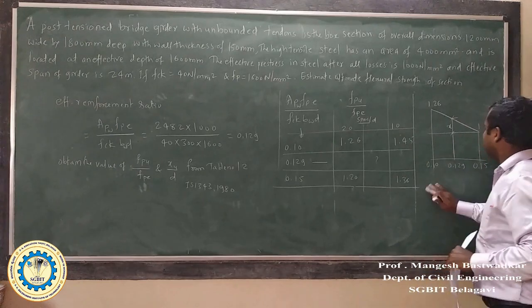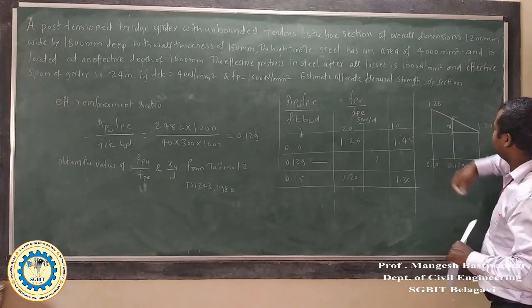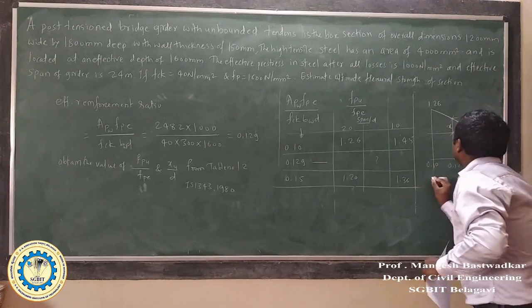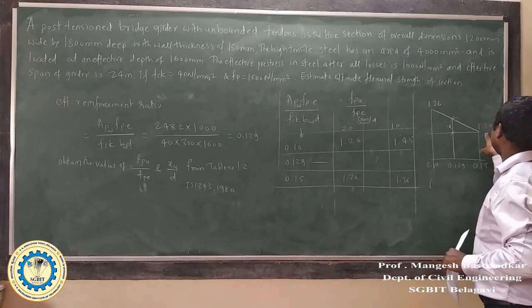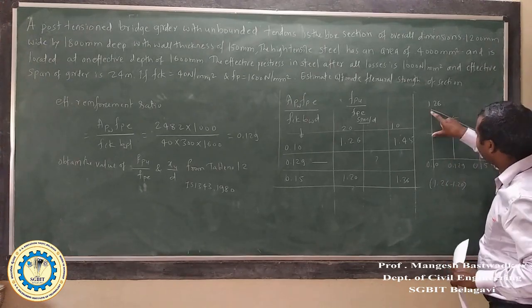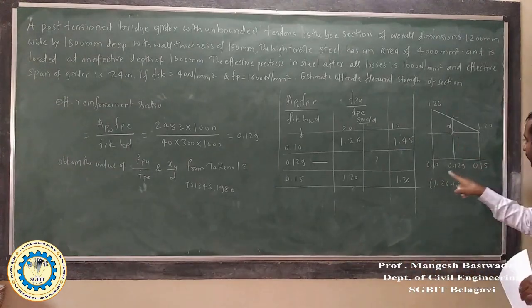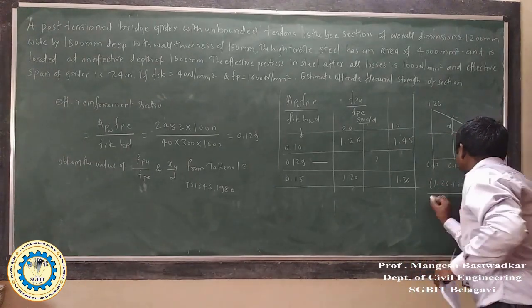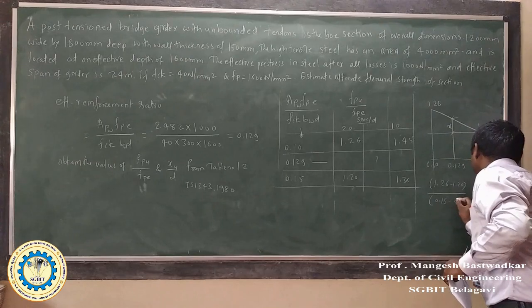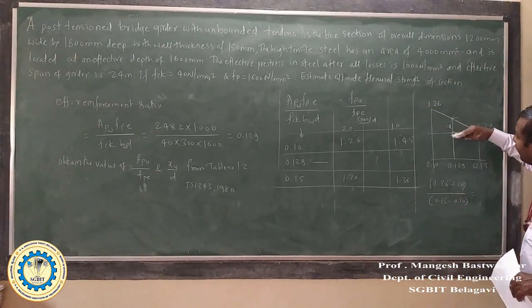Okay, so first from the properties of similar triangles we will obtain this height divided by this base. This height is 1.26 minus 1.20. Then this width we require, so 0.15 minus 0.10, you will get this width, that is equal to this height divided by this base.